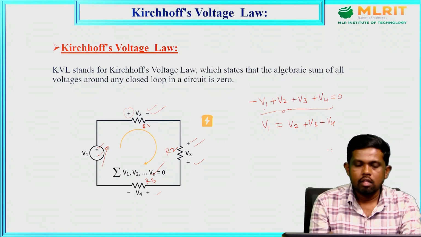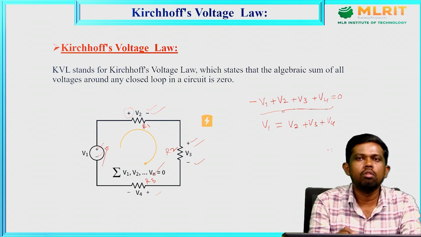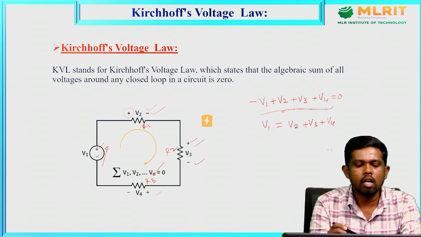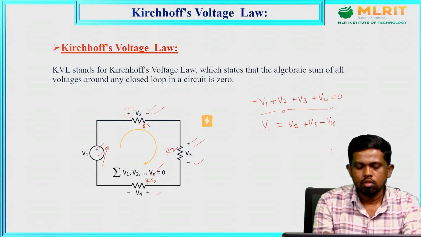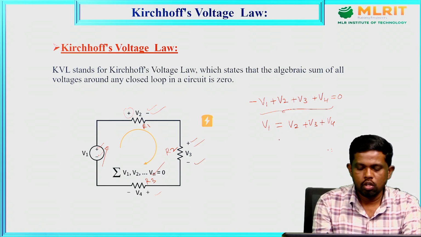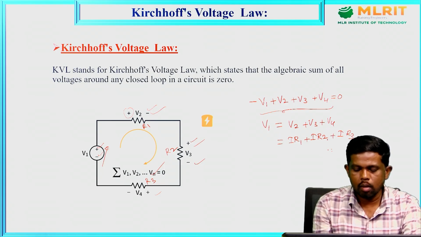While writing the voltage equations of each element, we can represent them with a positive or negative sign, either by the current-entering sign or the current-leaving sign of the element. Whichever we follow, we get the same response. Now let us elaborate the voltage of each element: I into R1, plus I into R2, plus I into R3. This is the voltage across each element according to Ohm's law.